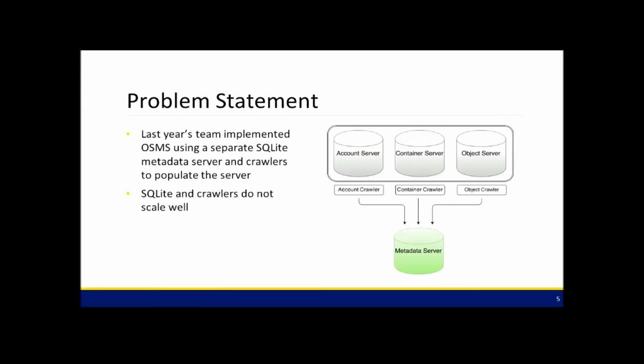As the data set stored in Swift grows larger, the inefficiency of the crawler becomes apparent because the time it takes for the crawler to scan the data and look for new metadata and objects increases linearly.